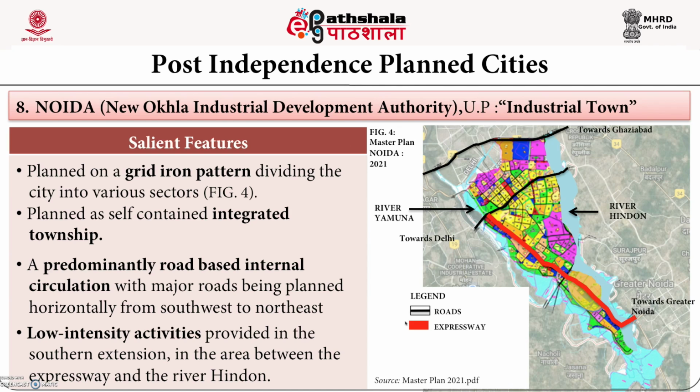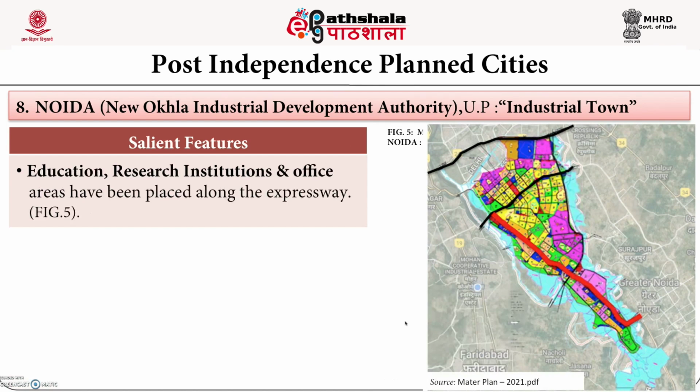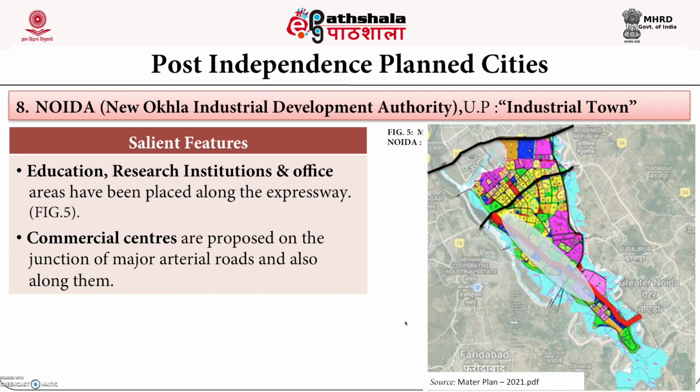So this is about Noida, and Noida also has education, research institutions, office areas which have been placed along the expressway to capitalize on the benefits of a major transport corridor, and commercial centers are proposed on the junction of major arterial roads, as you can see in this figure.